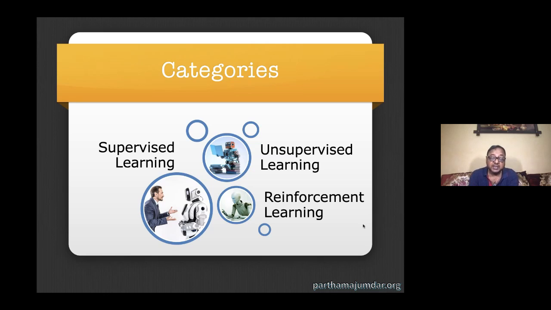Now, the third type of machine learning is known as reinforcement learning. Reinforcement learning is a debatable subject, but nevertheless we can understand it. For example, we have autonomous cars. Elon Musk has developed an autonomous car and he tests it in Atlanta and it works perfectly fine.